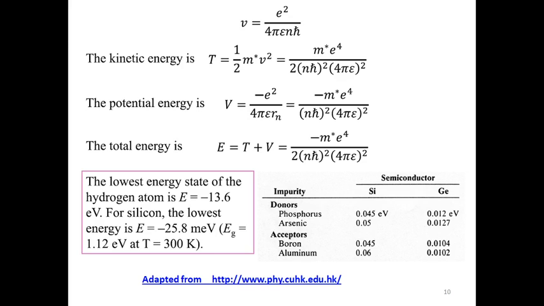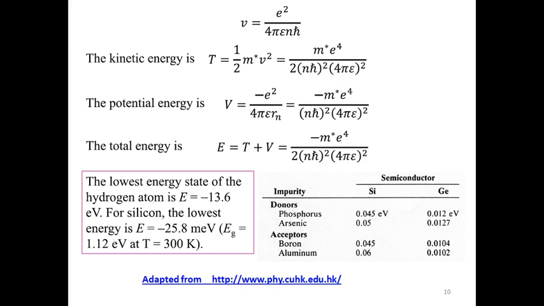For a donor impurity, for example phosphorus, how this energy level changes: 0.045 electron volt, that is the ionization energy, and 0.012 electron volt. And if you take the example of acceptors like boron, then its value is 0.05 and germanium is 0.0105.